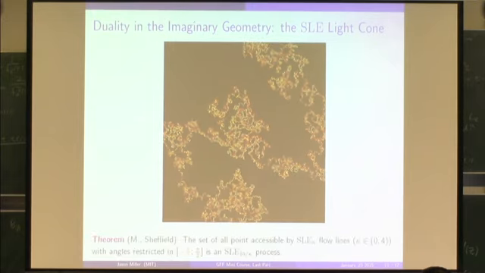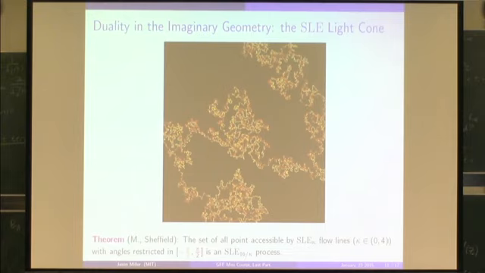And what happens is if you allow the number of direction changes to go to infinity, then the set of points that you can access, so this entire orange blob up here, actually will just be an SLE 16 over kappa process.